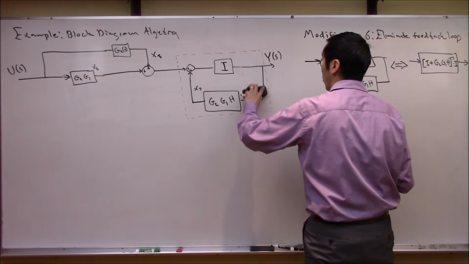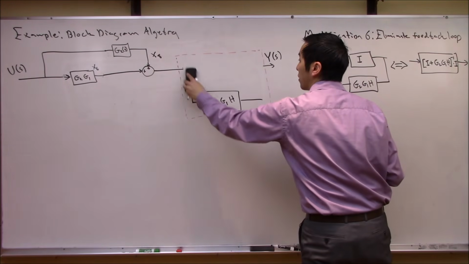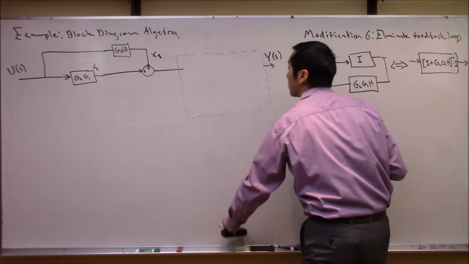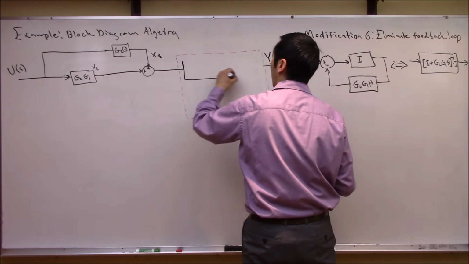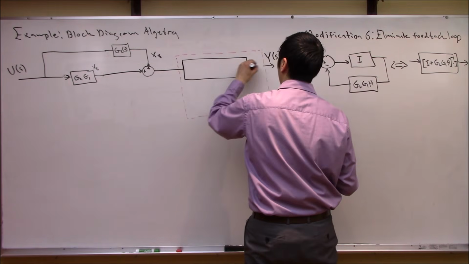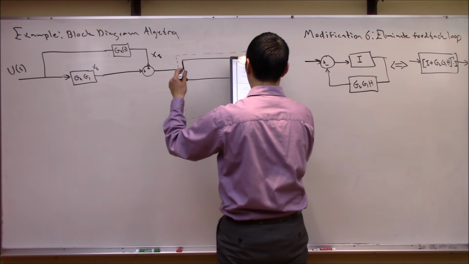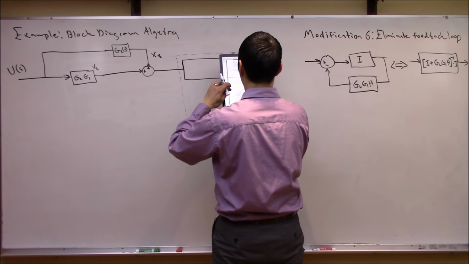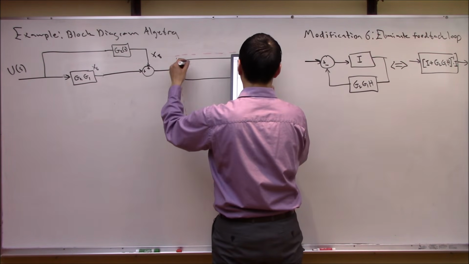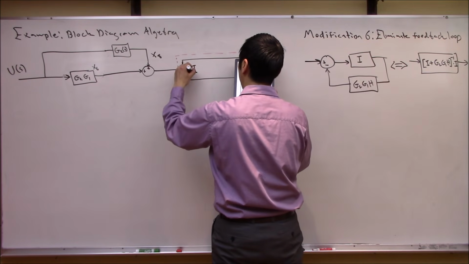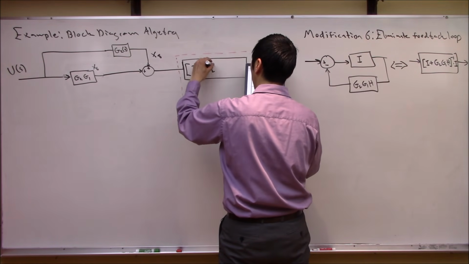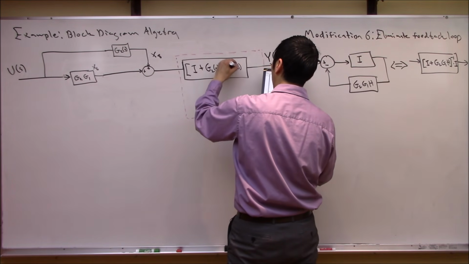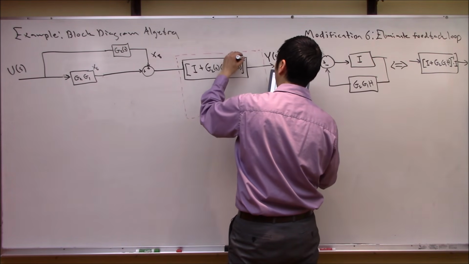Great, let's do that. So erase everything inside the red and replace it with a single block, which was, in our case, whoops, where did I put this thing? Yeah, here. So this is identity plus G2, G1 of S, H of S, inverse.